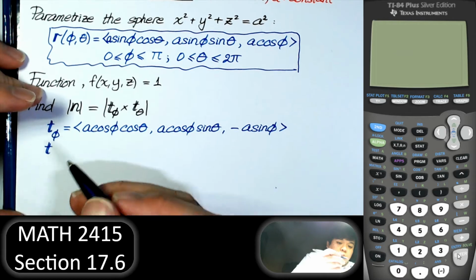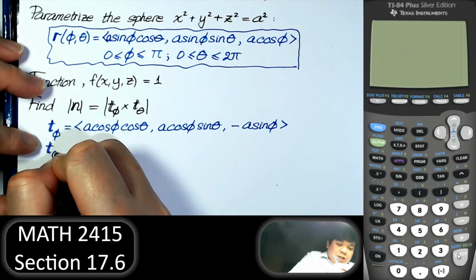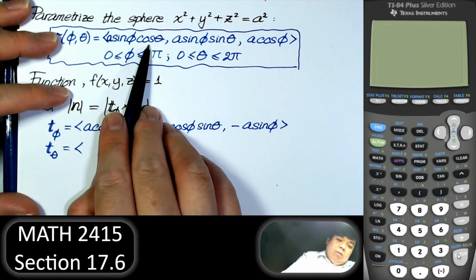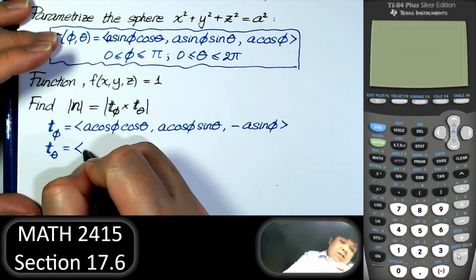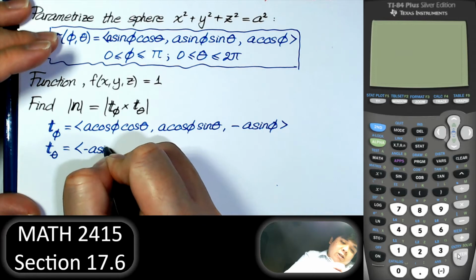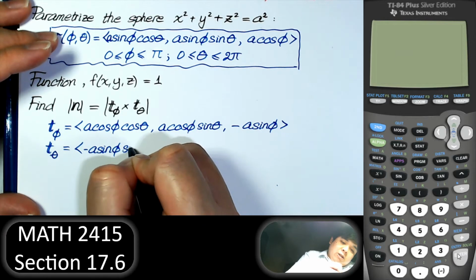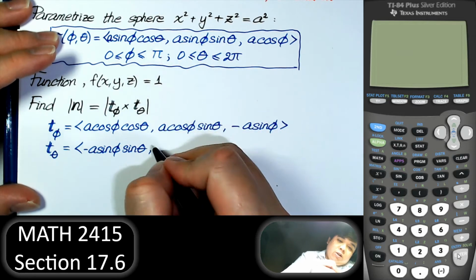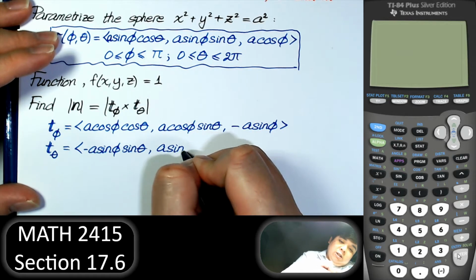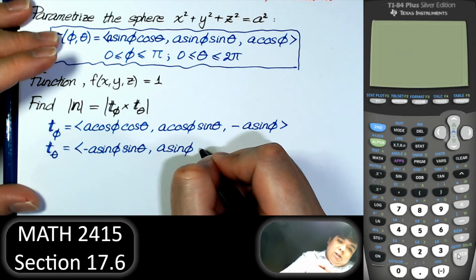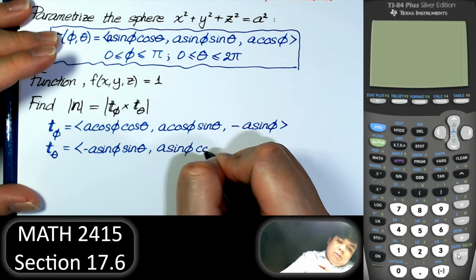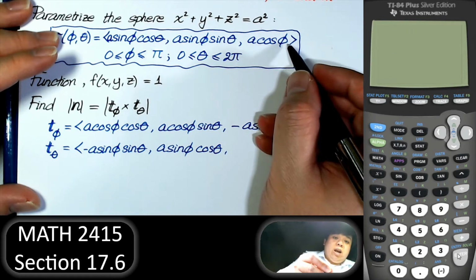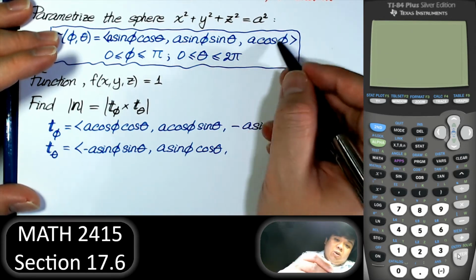Next, derivative with respect to theta. Derivative of cosine is negative sine. Derivative of sine is cosine. And derivative of this with respect to theta, there's none because there's no theta there.